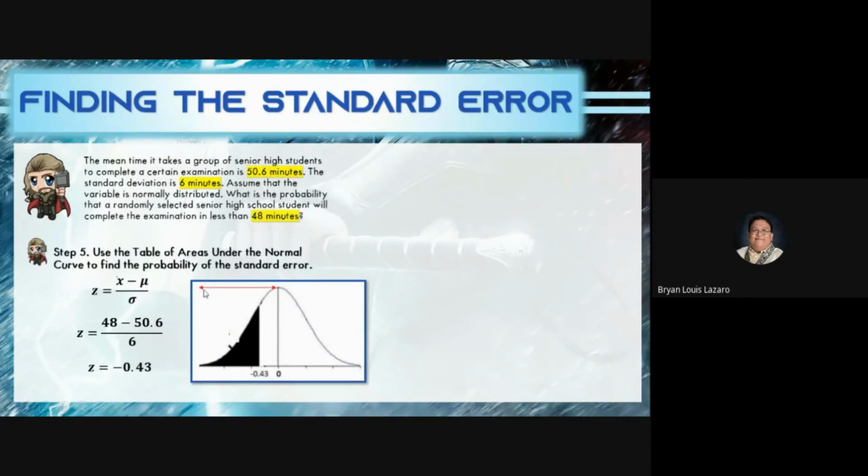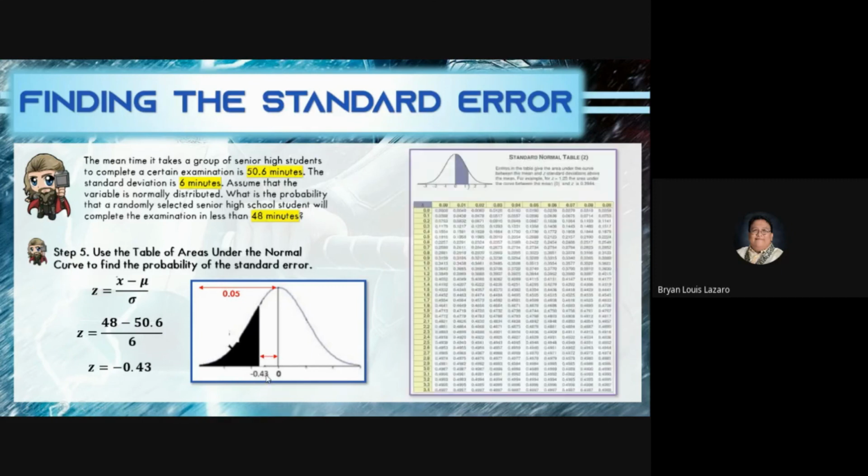So, ito, alam natin that this part, no? Ito ay 50%. Yung buong kalahati na yan, standard normal curve property na yan, no? 0.5 po yan. Okay po. Sorry, it's 0.5. Okay? It's 0.5. And then, this is from 0 to negative 0.43, hahanapin po natin siya sa ating normal table.